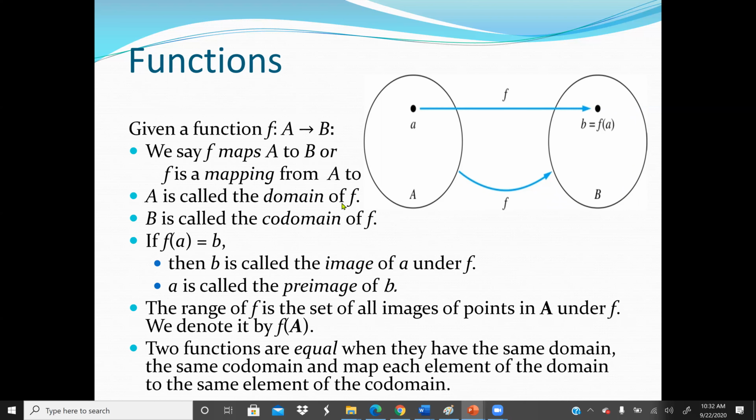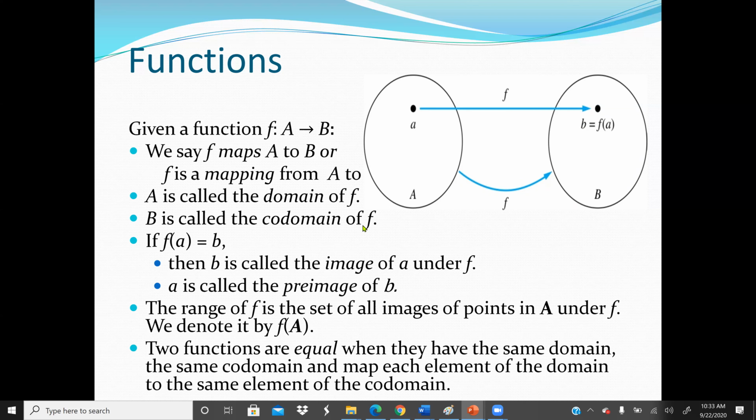A will be called the domain of the function. So our input will be the domain of the function, and B is called the codomain of the function. In college algebra, sometimes B also is called the range. So A will be the set of input variables, then B will be the range or the codomain. Then we can also say that b is called the image of a under f.